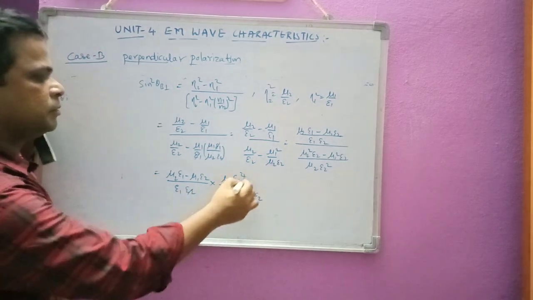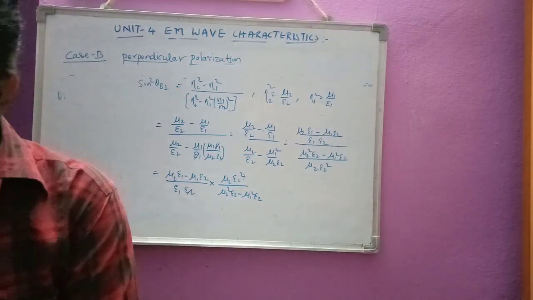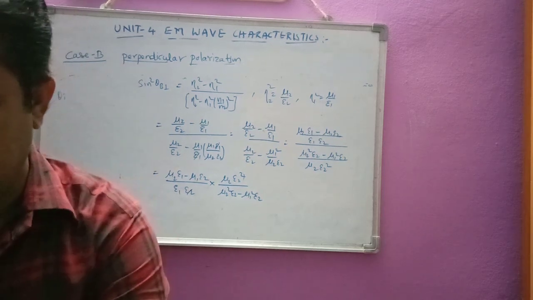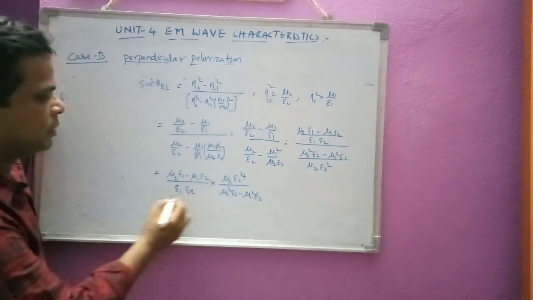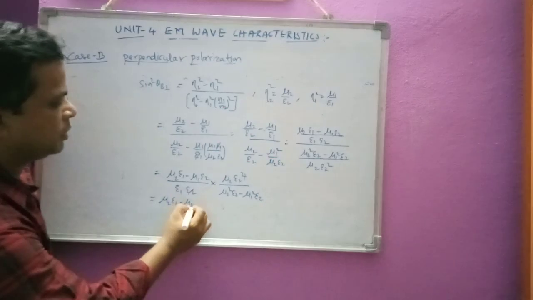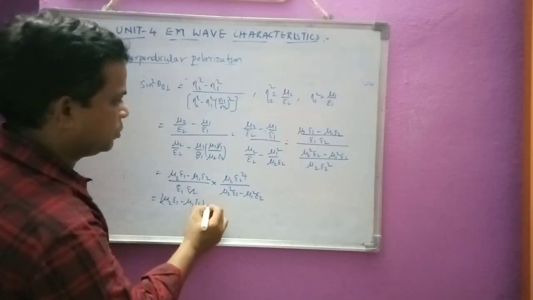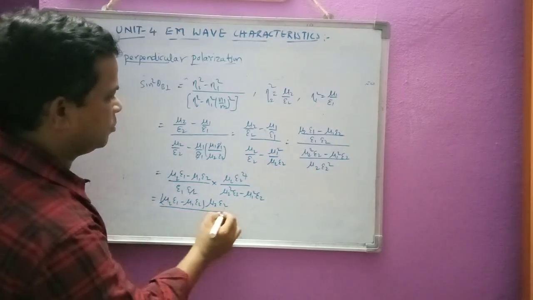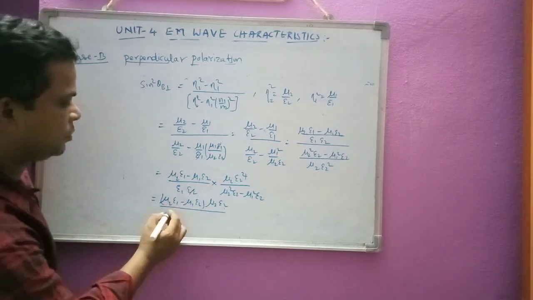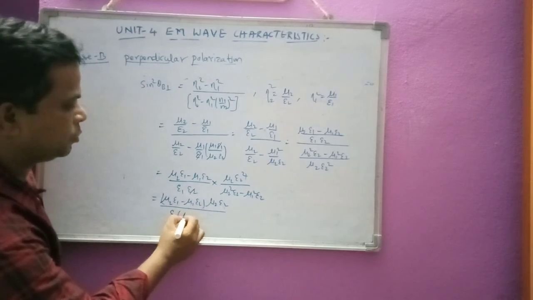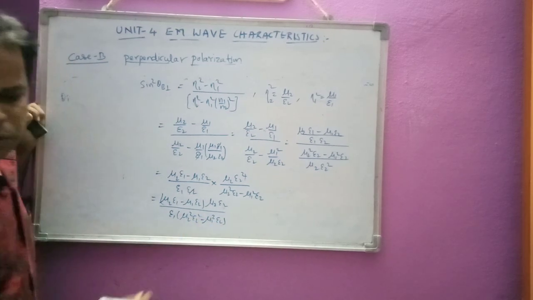So this cancels here. After doing this, what I get is mu 2 epsilon 1 minus mu 1 epsilon 2 into mu 2 into epsilon 2, by epsilon 1 into mu 2 square minus mu 1 square into epsilon 2.